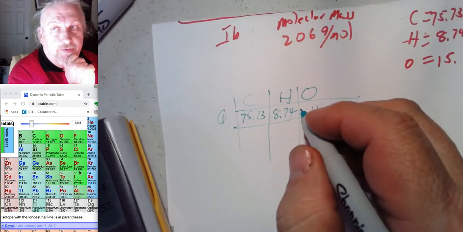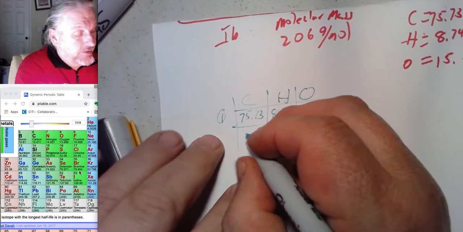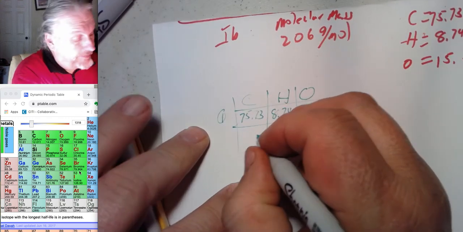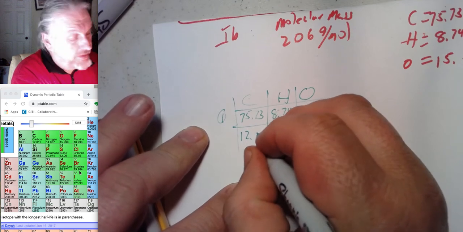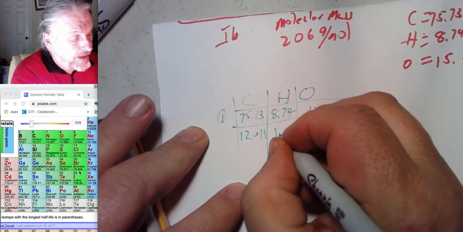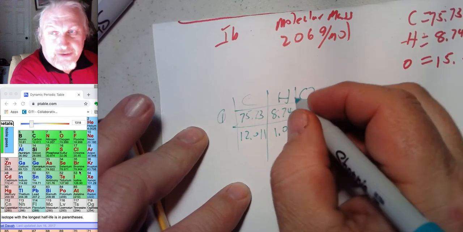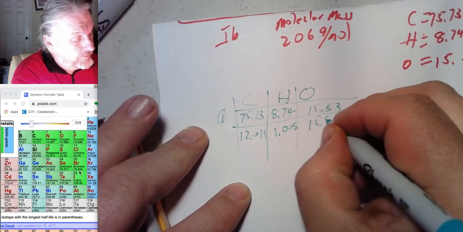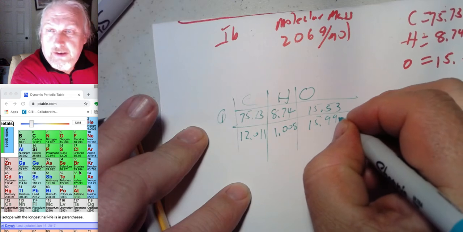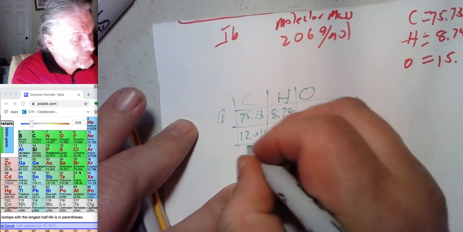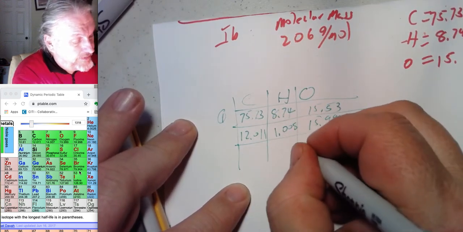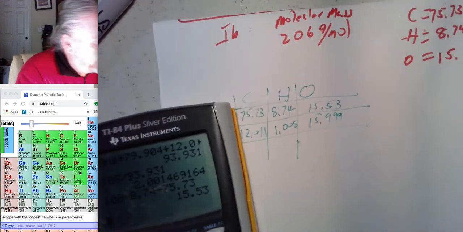So now we've got to put the molar masses in, the relative atomic masses. 12.011, hydrogen 1.008, and where did I get these from? Periodic table. 15.999. Now I got to do some division. All that arithmetic again.